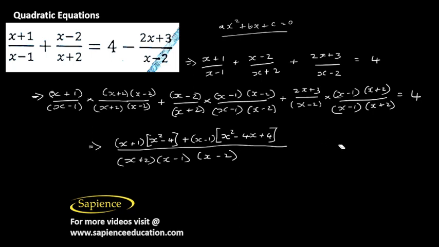Now the third term. In the third term, there is no formula we can use, so we can just keep 2x plus 3 here and we will just multiply these two regularly. So x square minus x plus 2x, that will be plus x, and then minus 1 into plus 2, that's minus 2, equal to 4.